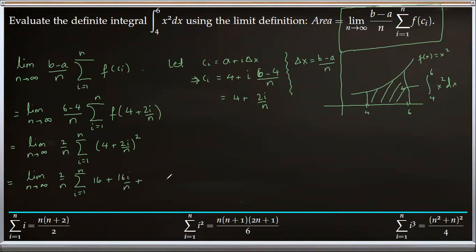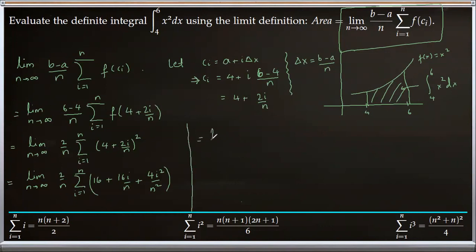plus 4i squared over n squared. So we get this. Now I can apply this summation to each of the terms. I'm going to draw a line here so that we have more space to write.